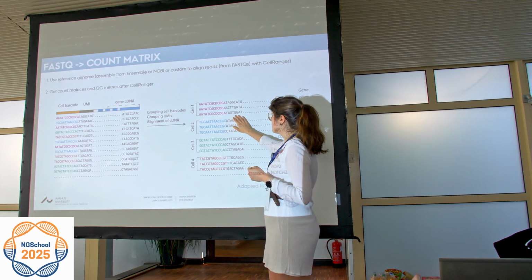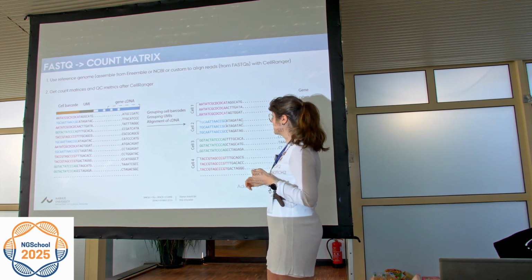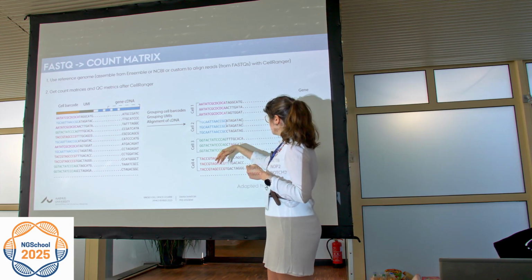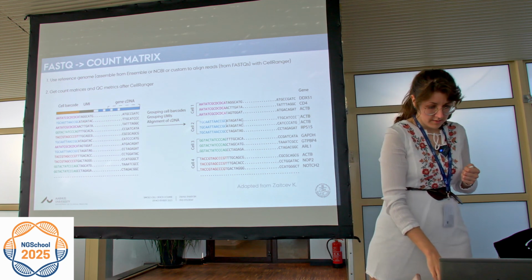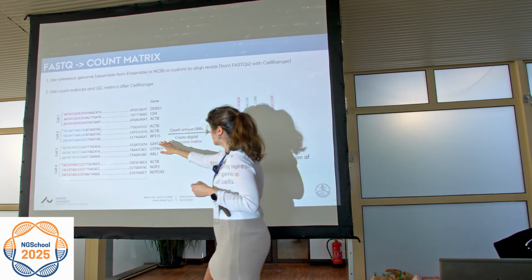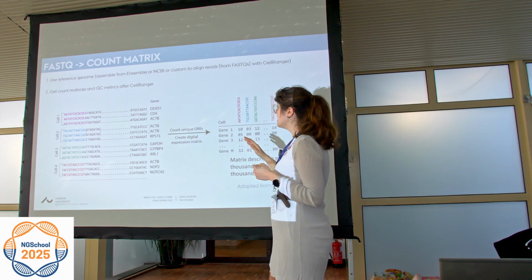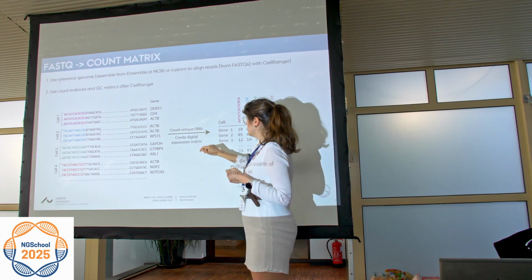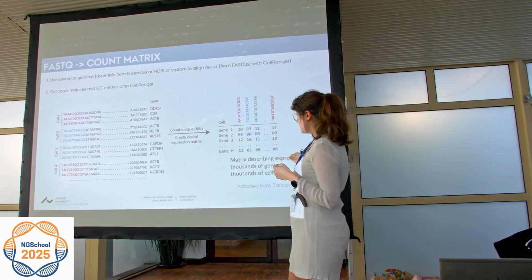If the UMI is identical, it's just a duplicate and you discard it. You delete all the identical UMIs, count unique UMIs, and this is your final raw count matrix.